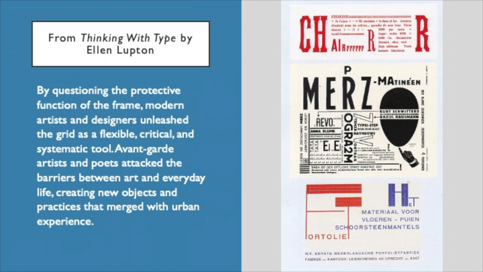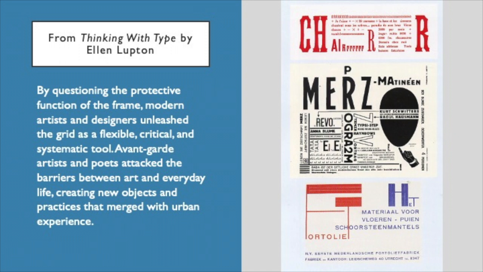So it set up this way of thinking about imagery as being protected by the frame of the page, or protected by the frame of, again, an iteration of artwork, which is protected by a literal frame.